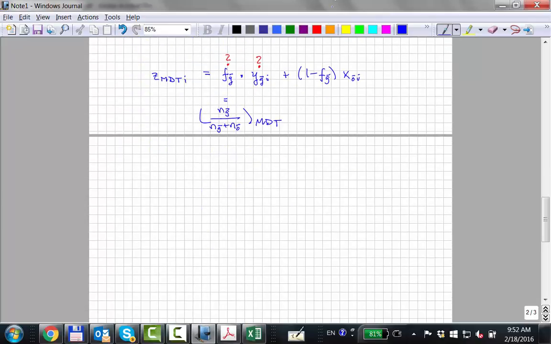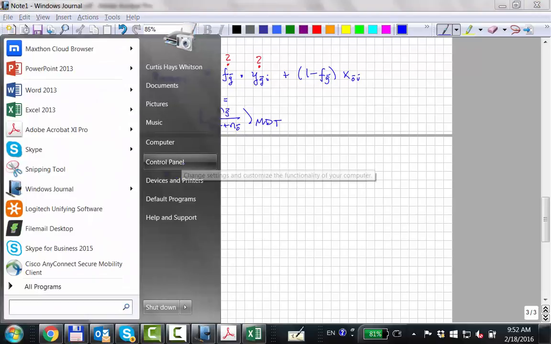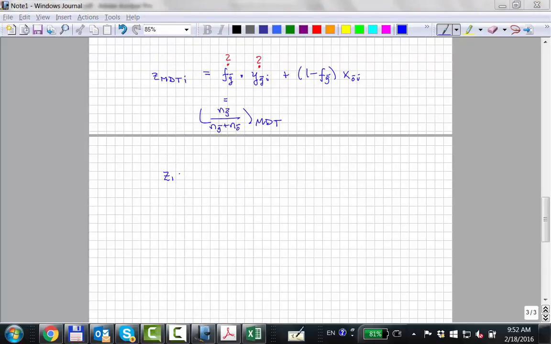Now, we could do this calculation differently. We could take this composition, which we have given, times the fraction, well, let's move this over here.